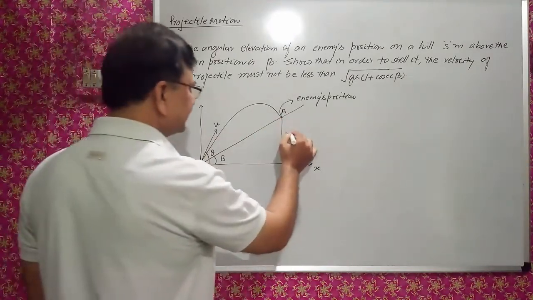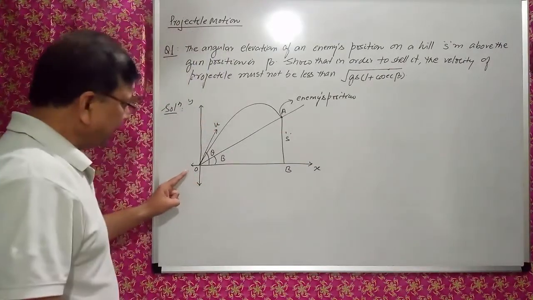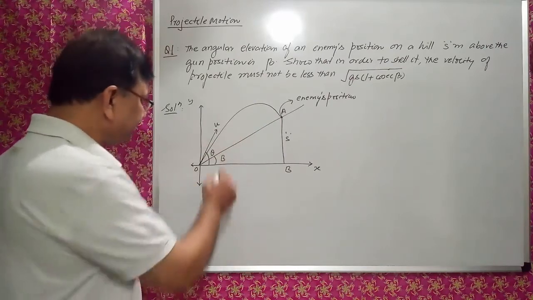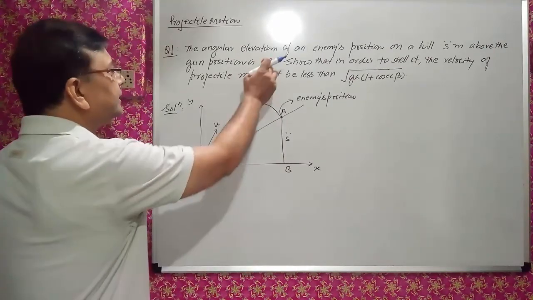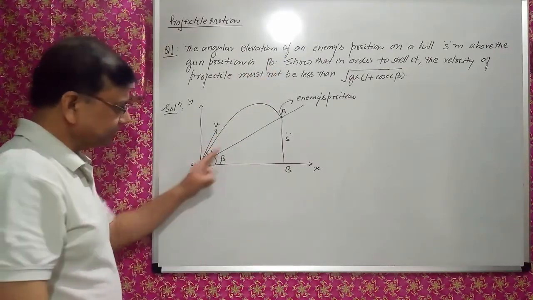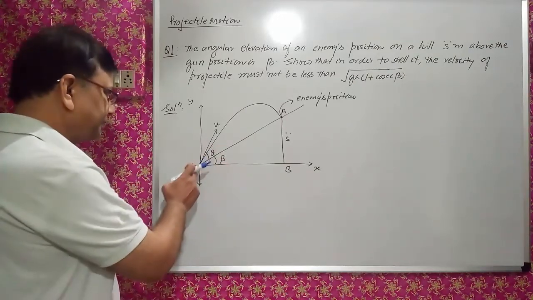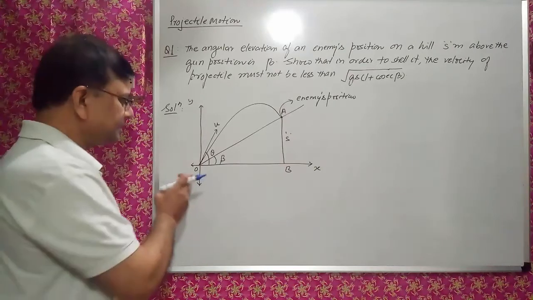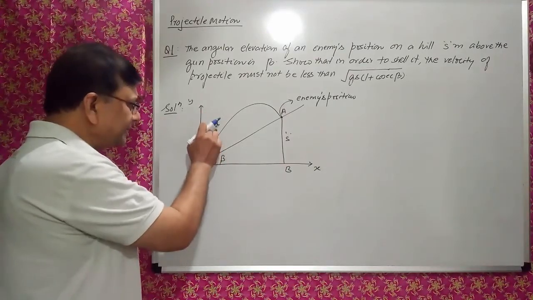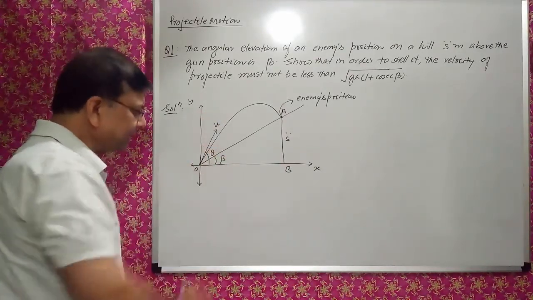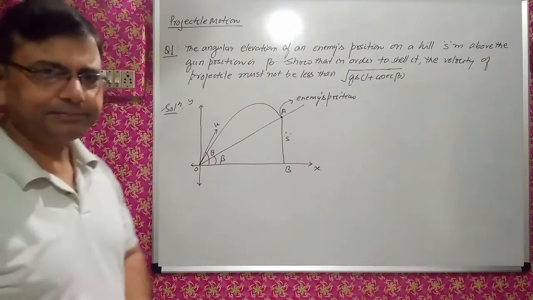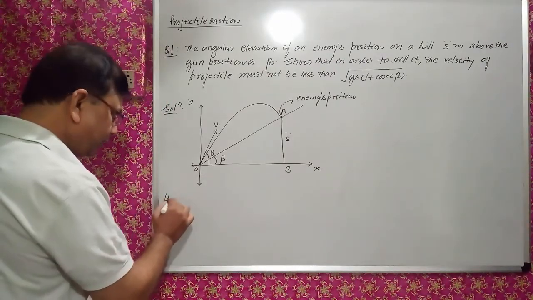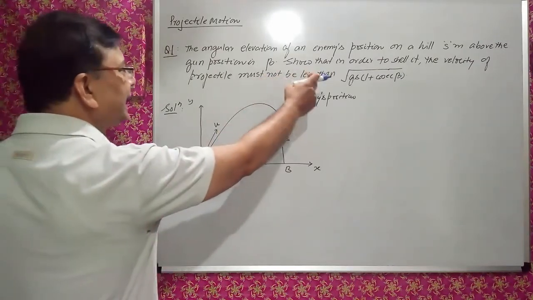Now, the position is making an angle beta with the gun position. Let the velocity given to the shell, that means projectile, its initial velocity is u, and the angle of projection is theta. So we have to find u should not be less than this.